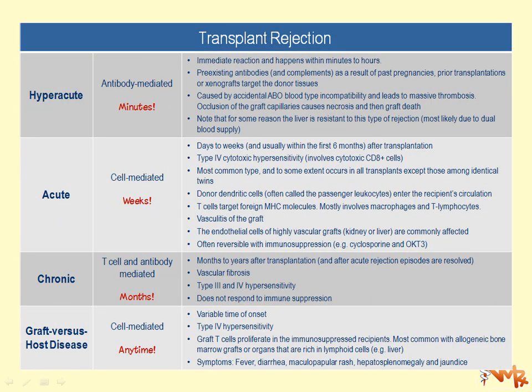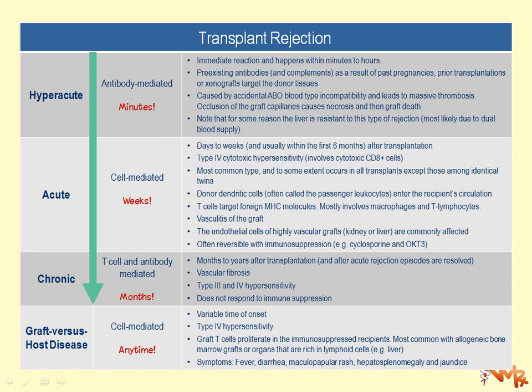Finally, let us look at the 4 types of transplant rejection. The arrow from top to bottom shows the time onset of these rejections. We have hyperacute, acute, chronic, and graft versus host disease.